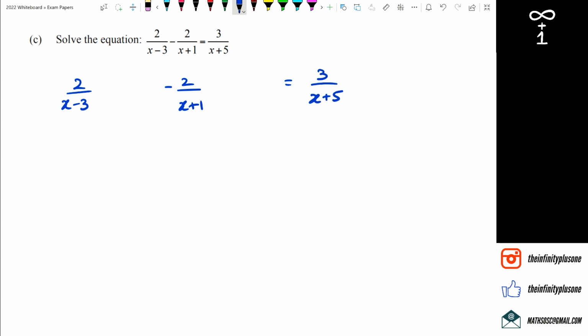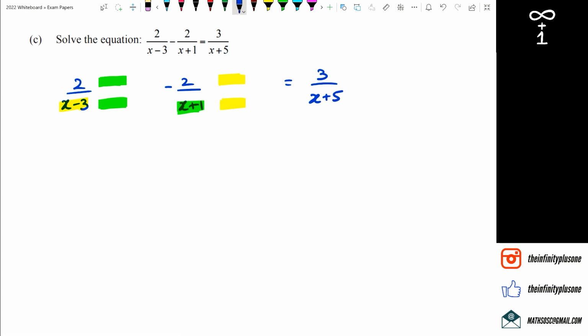Now I'm going to work on the left-hand side first, right? On the left-hand side, I've got two different denominators. I've got x minus 3 and I've got x plus 1. So if I want to have the same denominator, I've actually got to multiply both of them. In other words, I've got to multiply by x minus 3 in the denominator and the numerator, and as for the other side, I've got to multiply by x plus 1 in the denominator and also in the numerator.